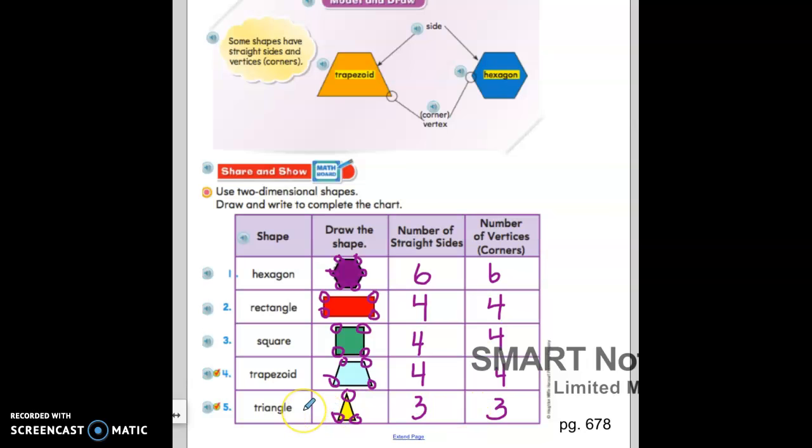This is what your chart should look like. Your trapezoid has 4 sides and 4 corners. Your triangle has 3 sides and 3 vertices or 3 corners.